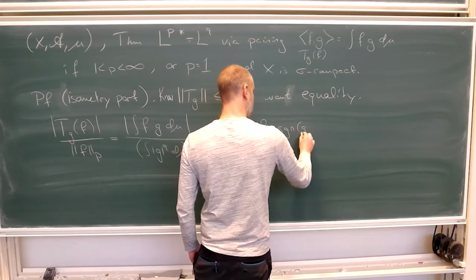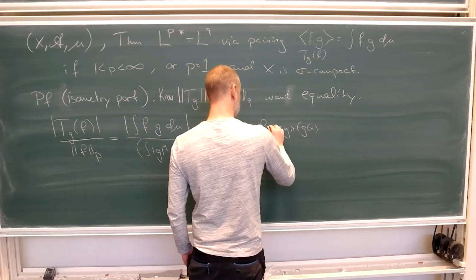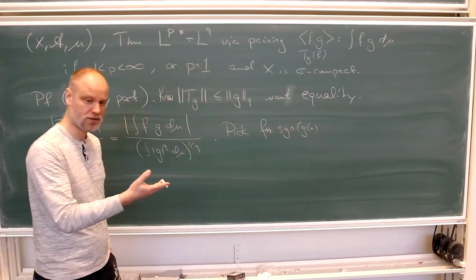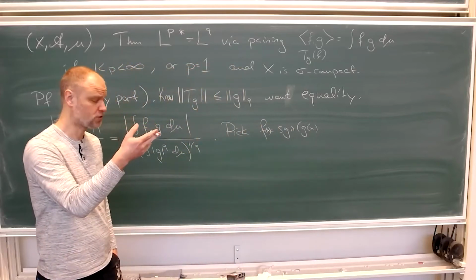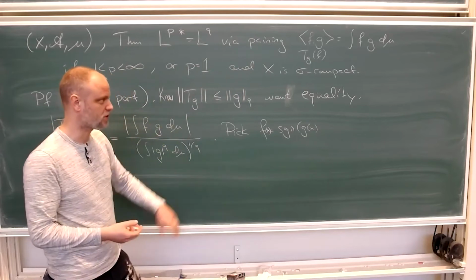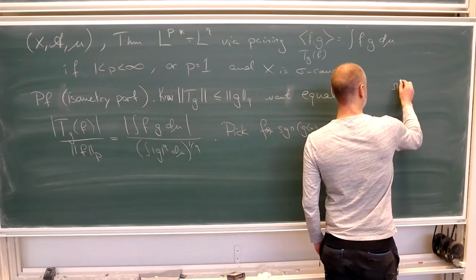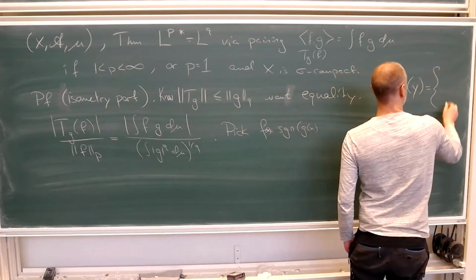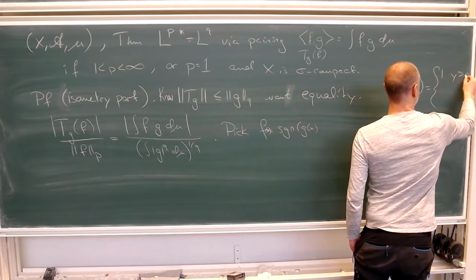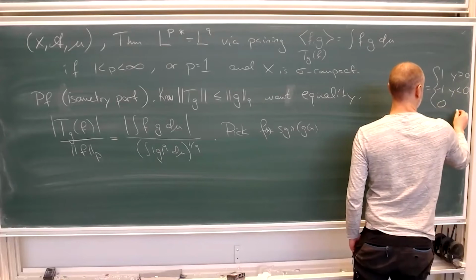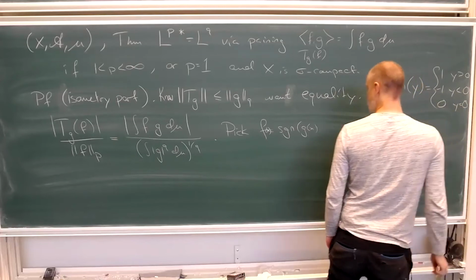First, we need the sign function. The sign function of a value y is equal to 1 if y is positive, minus 1 if y is negative, and 0 if y is equal to 0, okay?